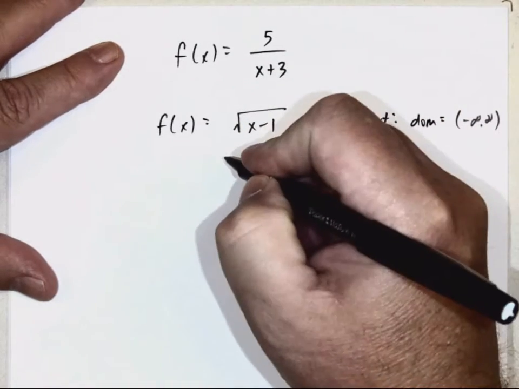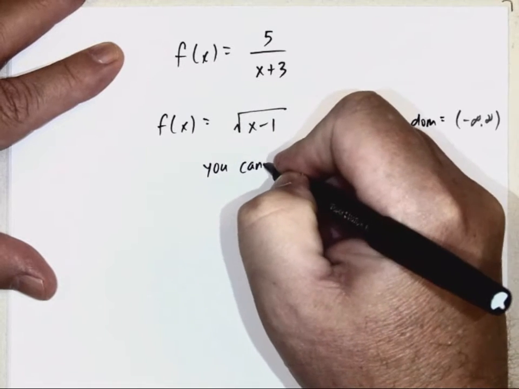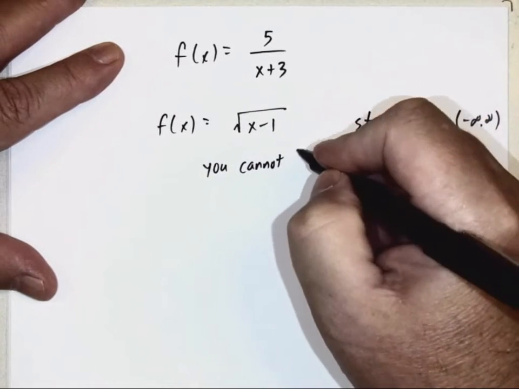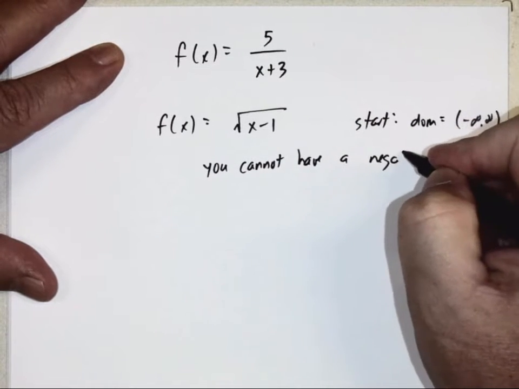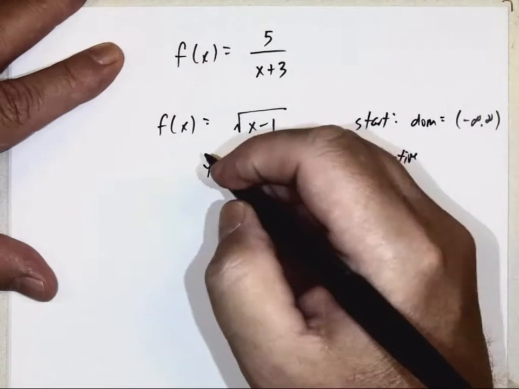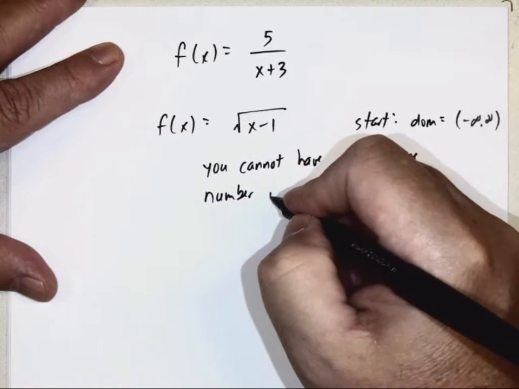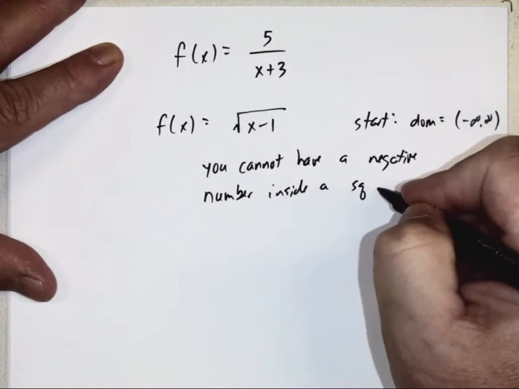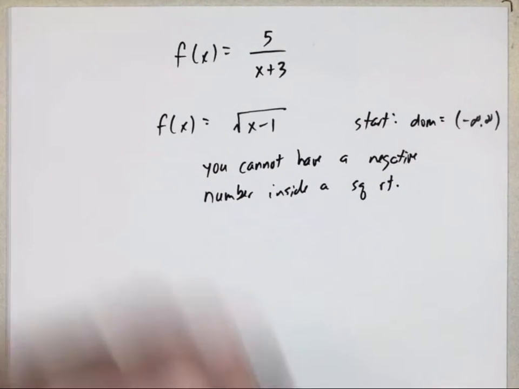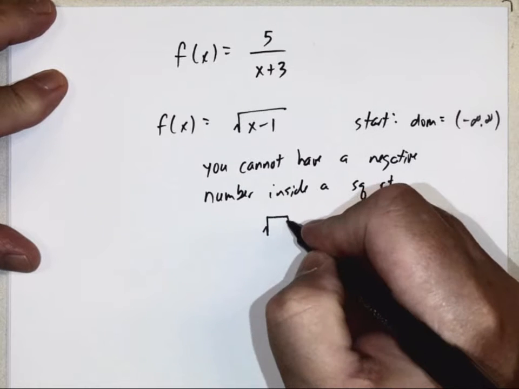And there is. If you remember, you cannot have a negative number inside the square root, right?